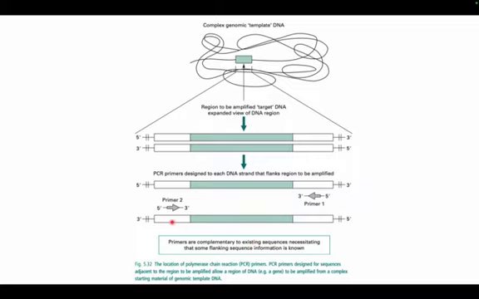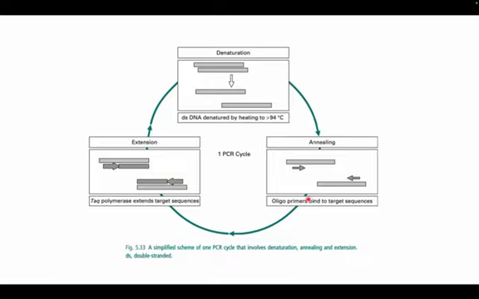And then this is going to be extended in this direction, this is going to be extended in this direction. And as the PCR process continues, you will eventually get PCR products that contain this region between the 2 primers. So this is one PCR cycle where we have to separate the 2 strands in double-stranded DNA.